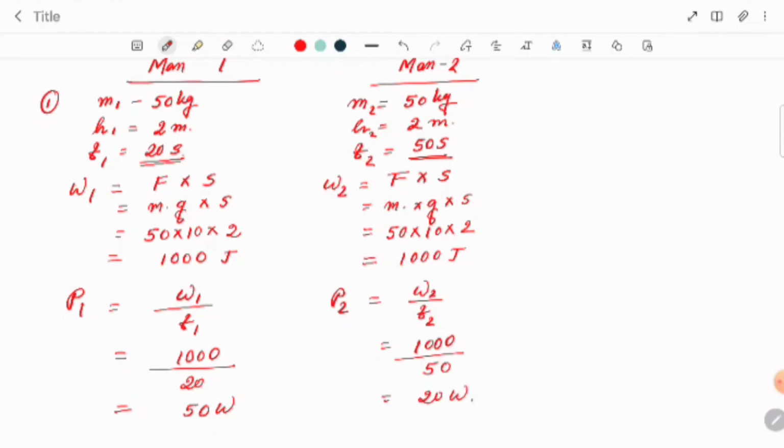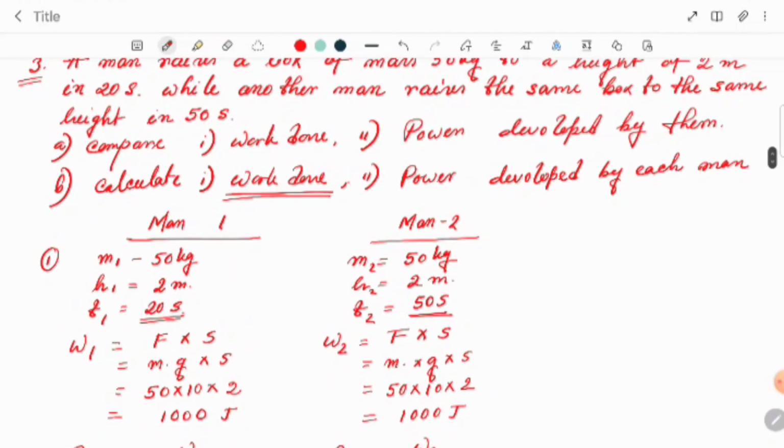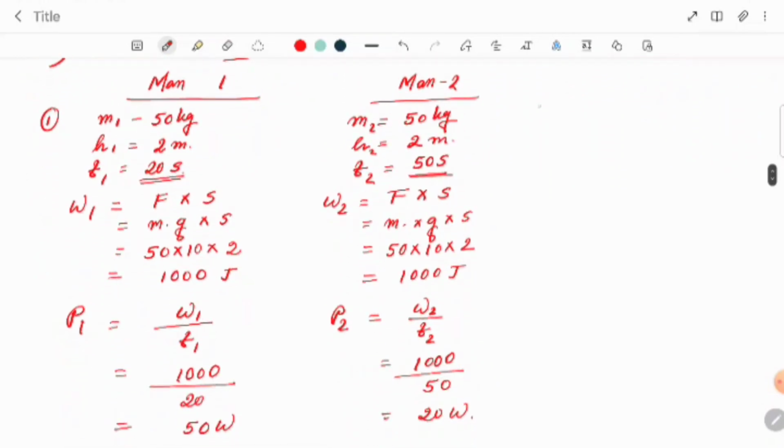The power part we have done, calculated for each man. Now we have to compare it. Let's see the comparison. Work done by the first man is to work done by the second man, but here both are same, so 1000 is to 1000, so we'll get 1 is to 1.